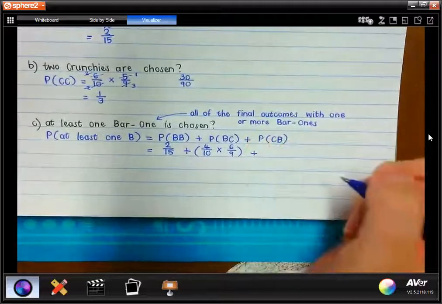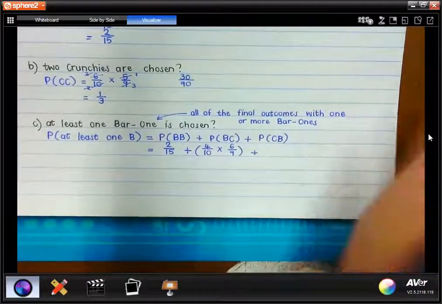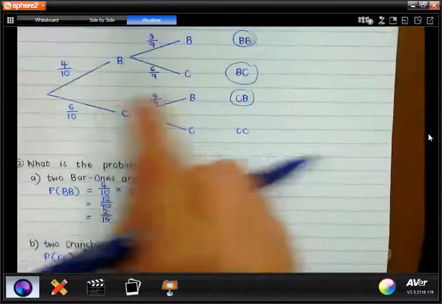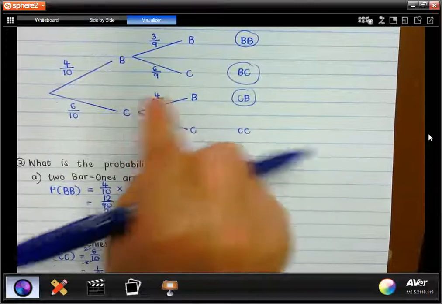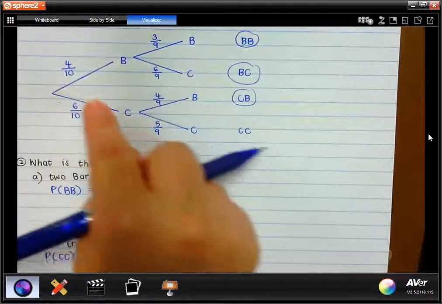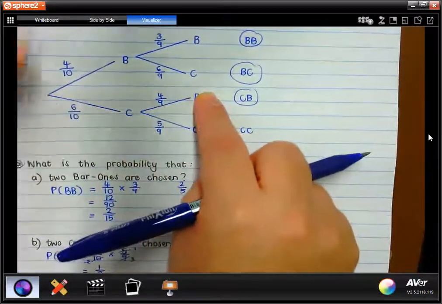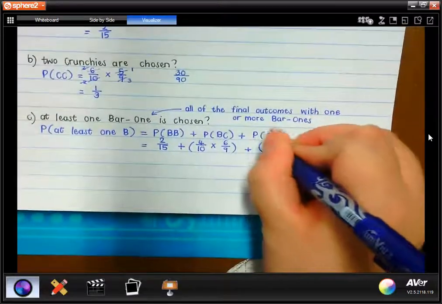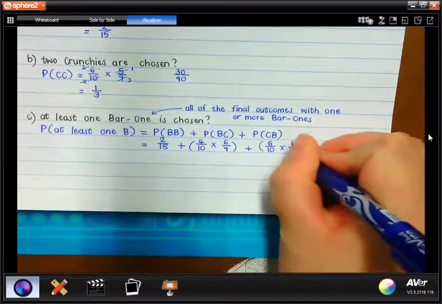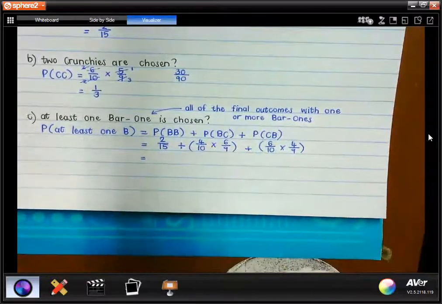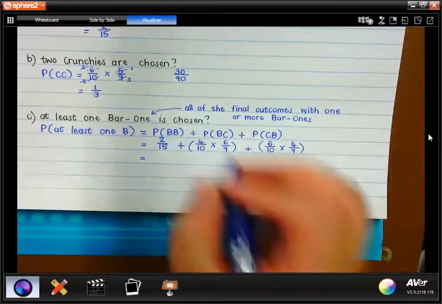Plus the probability of CB. We need to go back up to the tree diagram. We need to find the branches leading up to CB and multiply the probabilities on those branches. So that's 6/10 times 4/9. Okay, again, you can do this all in your head if you simplify those fractions, but let's just do that here.